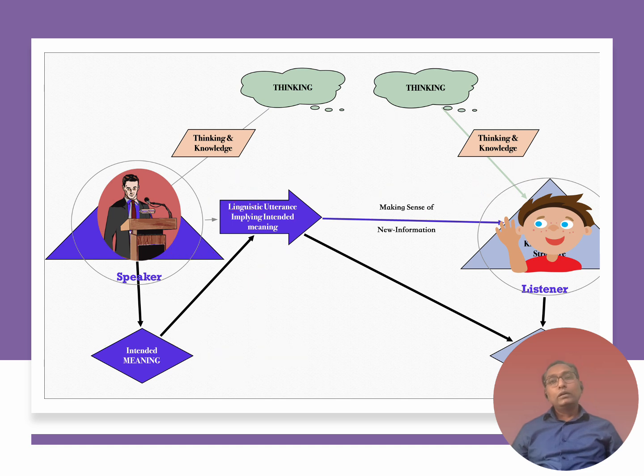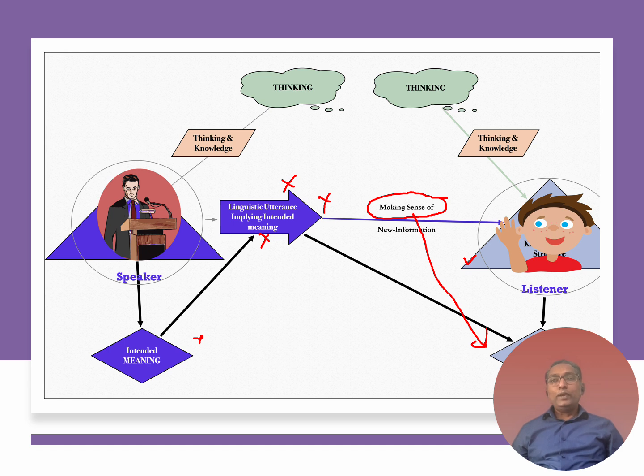The listener, this linguistic utterance is the new information for the listener. And the new information, the listener will try to make sense of the surface structure, right? And try to understand the intended meaning of the surface structure by using the listener's own knowledge. You get it?